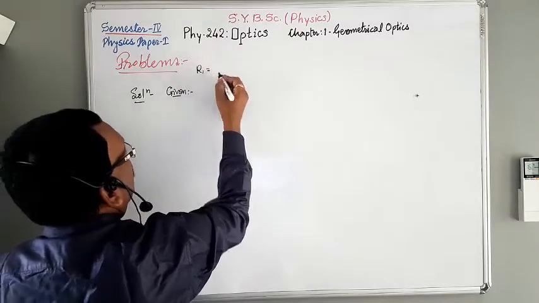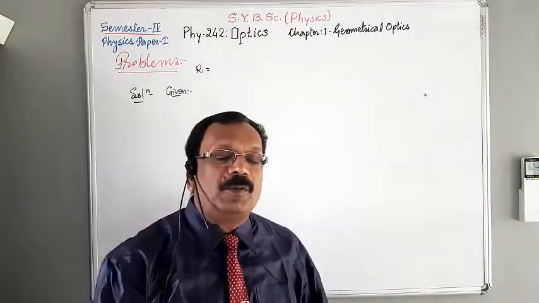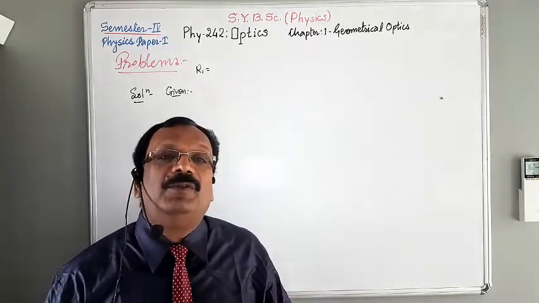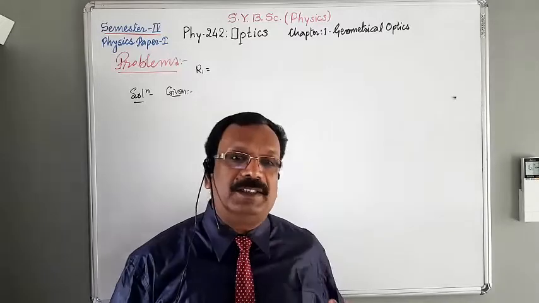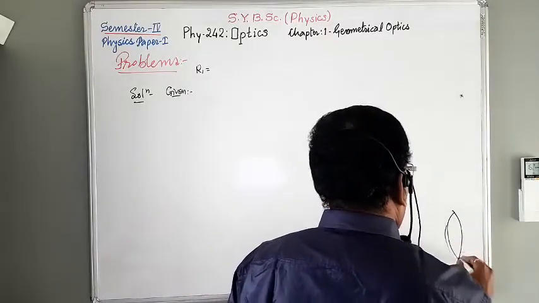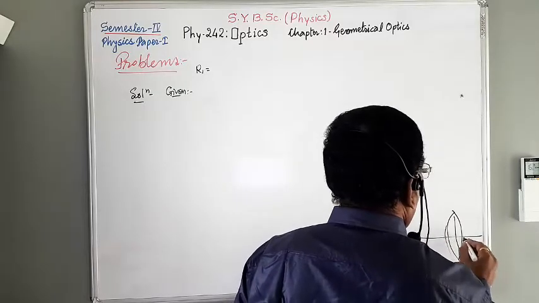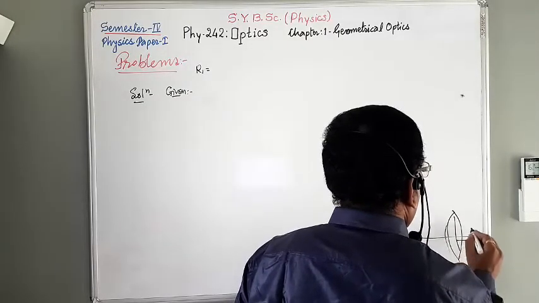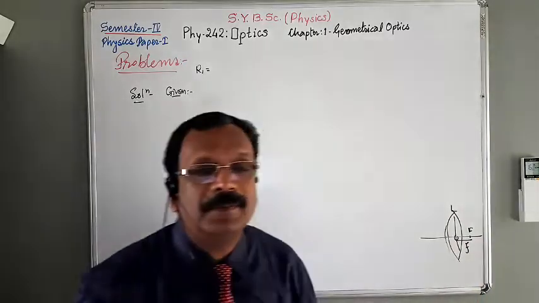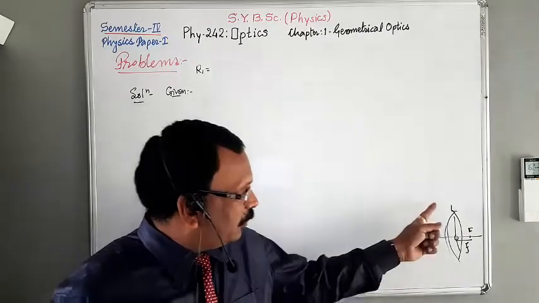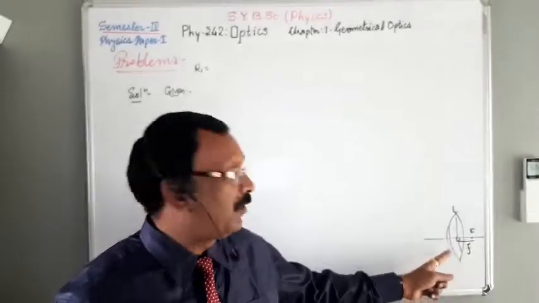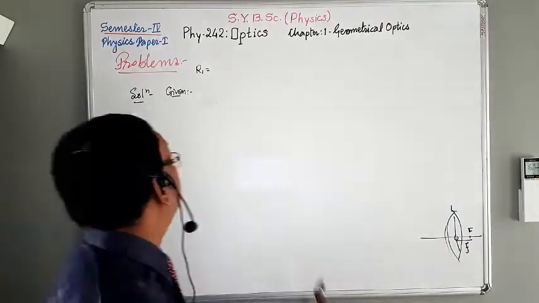What is the problem? Listen to the problem carefully. We have to calculate the focal length of a double convex lens. Suppose this is the double convex lens. The radius of curvature of both surfaces, the first and the second, is given.